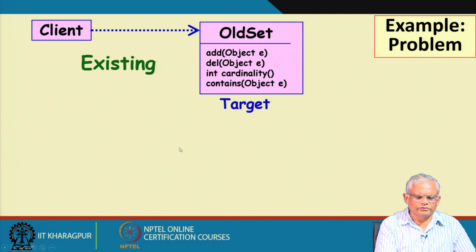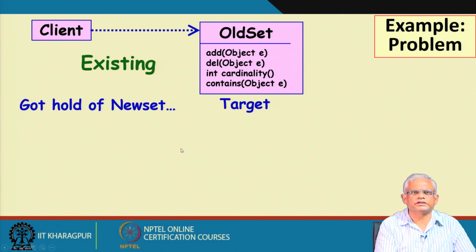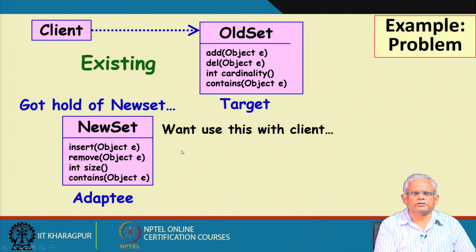But we got hold of a new set, which is the adaptee, and the methods supported are insert, remove, size and contains. Now, we want the client to use the new set without any change to the client code.